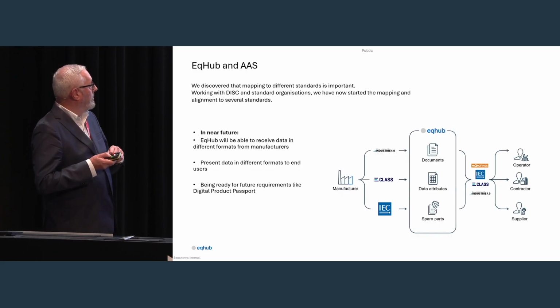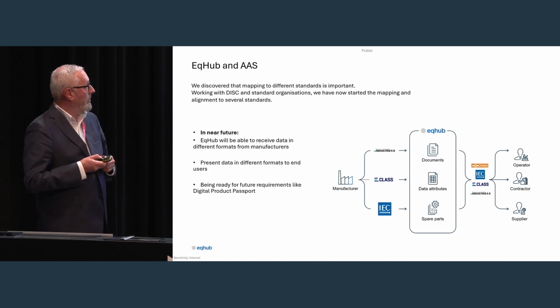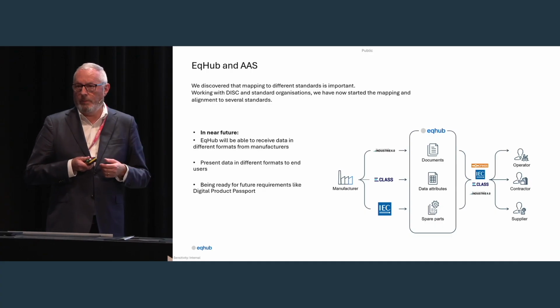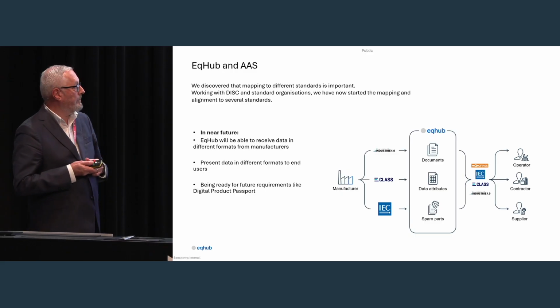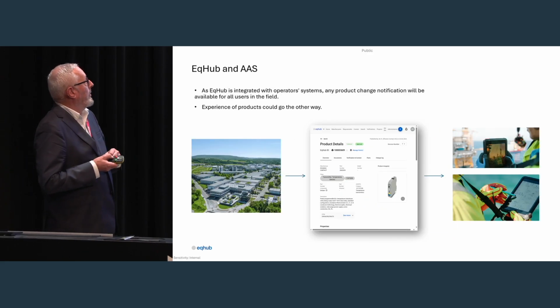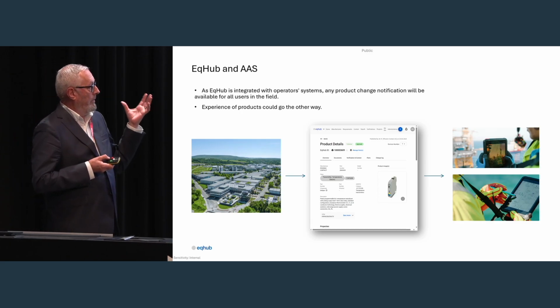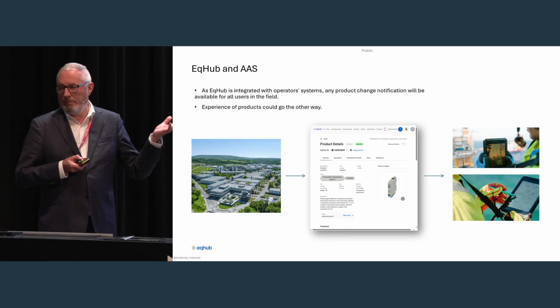Also already in E-Class is the digital product passport. So there is a lot of new data we don't require yet that will be available through this. Think of this then: the manufacturer is, through EQHUB, directly linked to the operator, or actually the field operator.